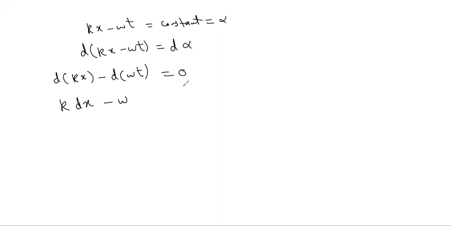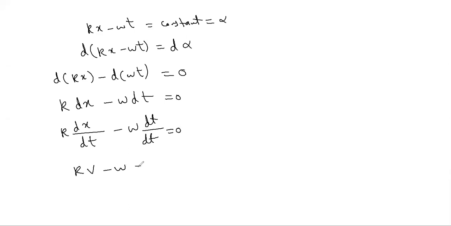So k dx minus omega dt is equal to 0. Let's divide by dt: k dx by dt minus omega dt over dt is equal to 0. So kv minus omega is equal to 0, so v equals omega over k.